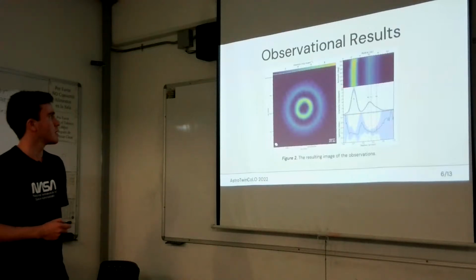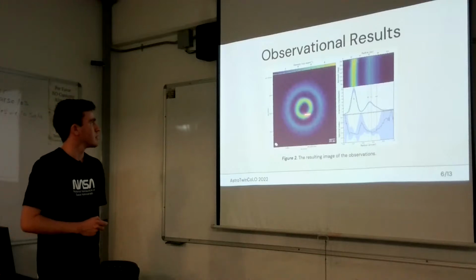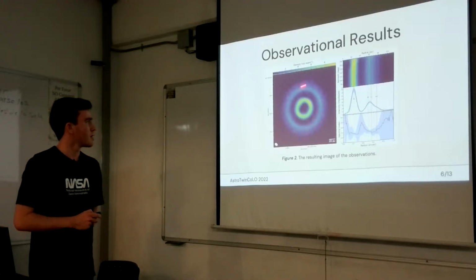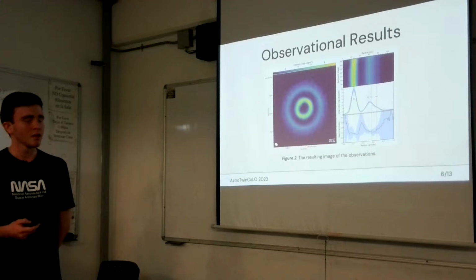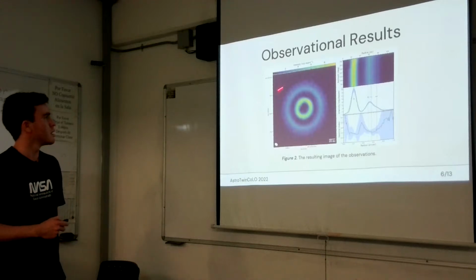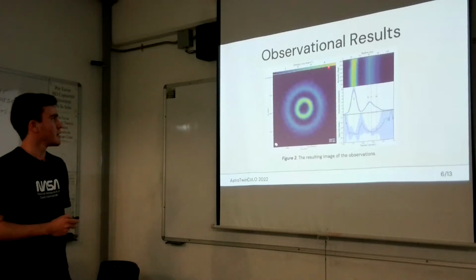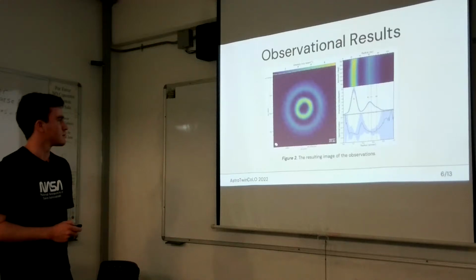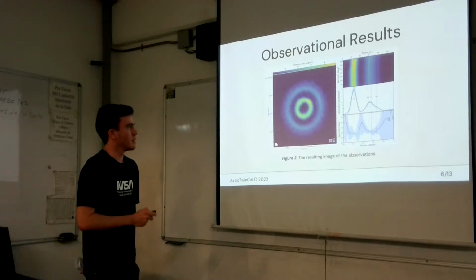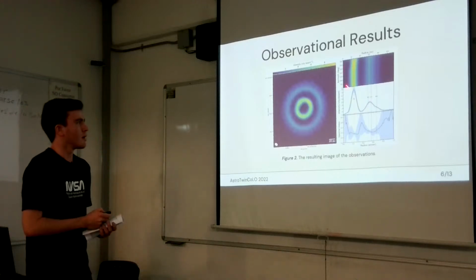Observation results: this figure uses band 7 and band 6, and this is the result, the azimuthally averaged intensity. And yes, this is the ring.